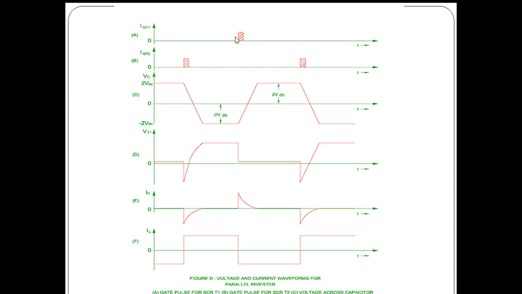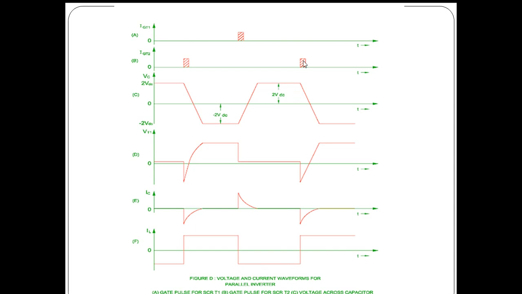Thyristor T1 will act like an on switch, so the voltage across T1 will be almost zero, and the capacitor will charge up to plus 2 VDC. Then the capacitor charging current will be almost zero, and the load current will flow; minus IL current flows through the load.